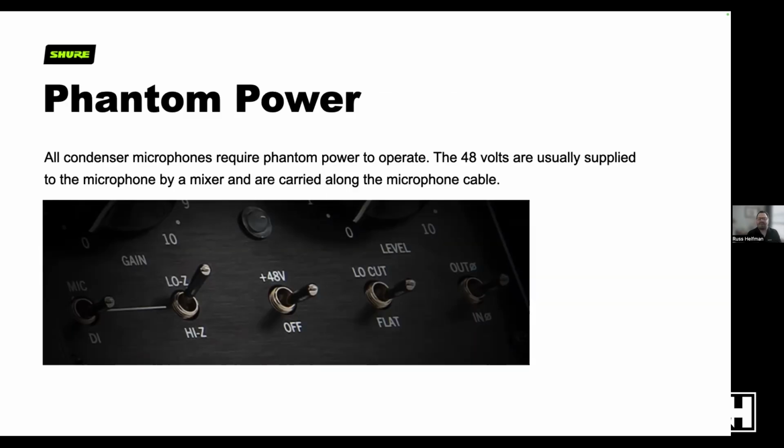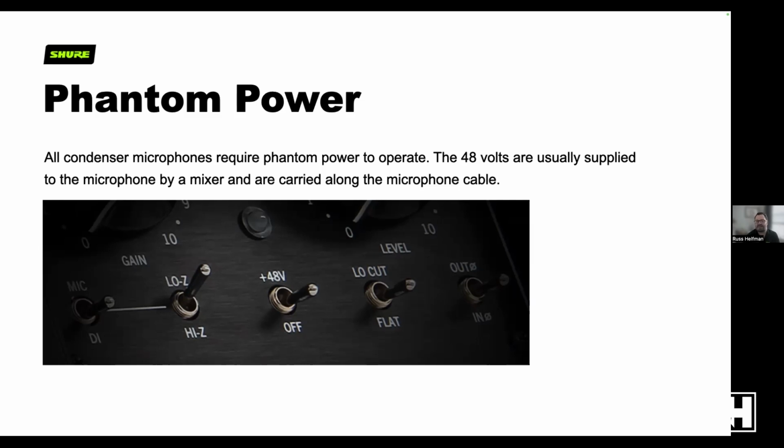With most modern microphones, you really don't have to worry too much about, let's say, in channels 1 and 2, I have a condenser microphone that needs phantom power, and in channel 3, I have a dynamic microphone, which does not need phantom power. So what happens if I press my phantom power button on the mixer? Is it going to damage that dynamic microphone?